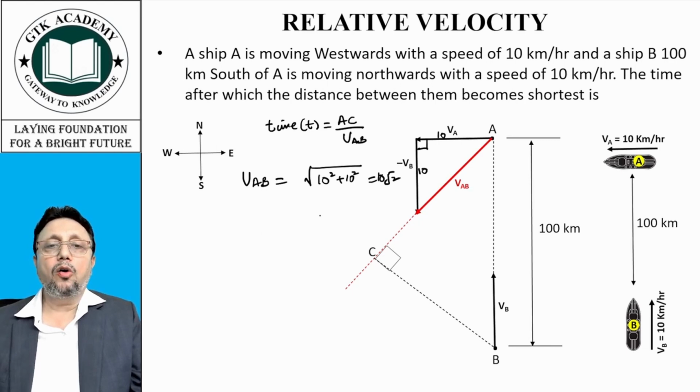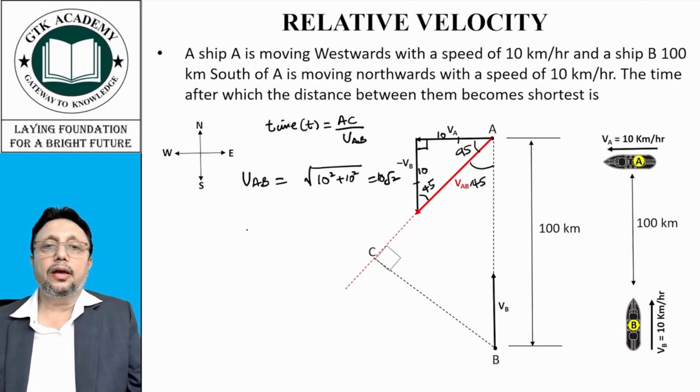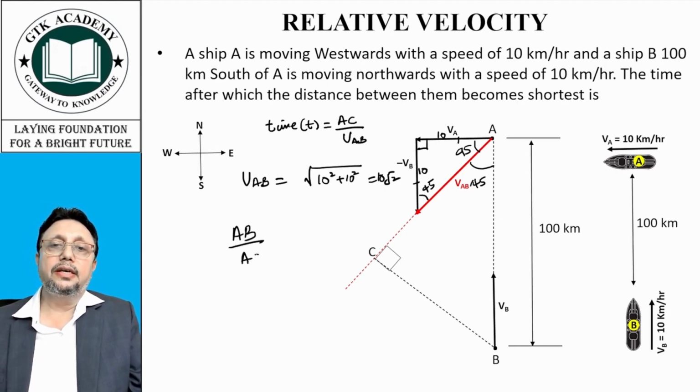And how much is AC? Now this angle and this angle are both 45, because this side is 10, this side is 10, so this angle also will be 45. So we know AB, so AB upon AC is equal to how much?